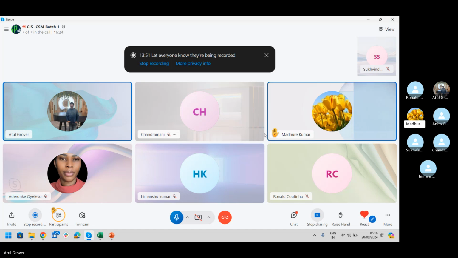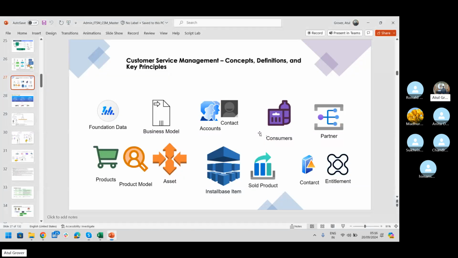Yeah, so my question was that in ServiceNow everything is related to tables, so in CSM also we'll learn about tables. Yes. We'll learn about all the tables now. All these concepts which you see here are stored in a table.